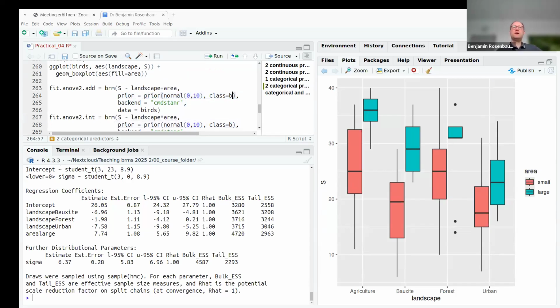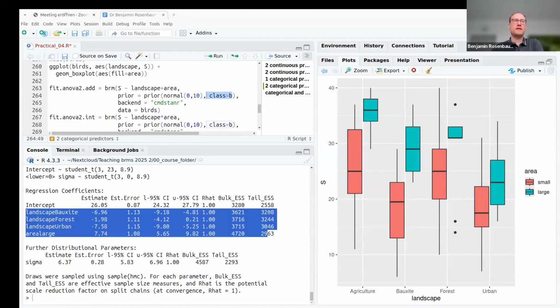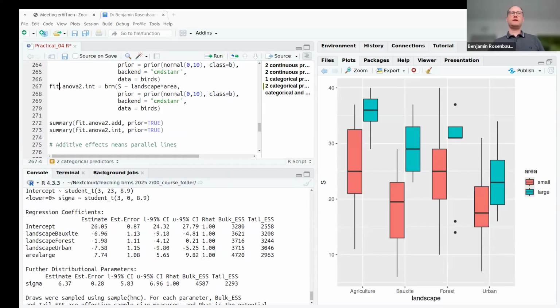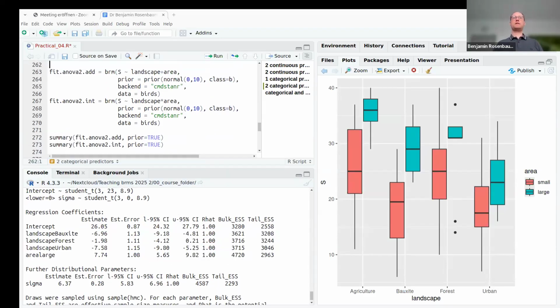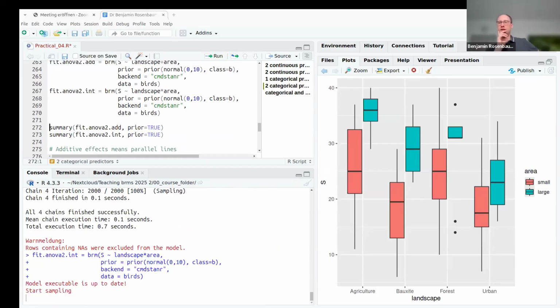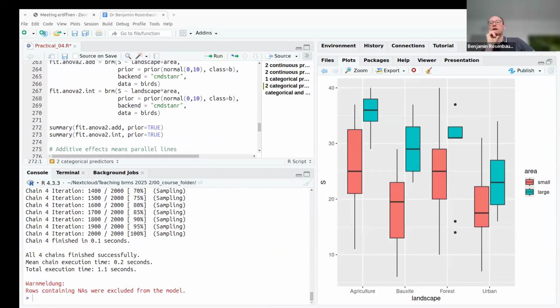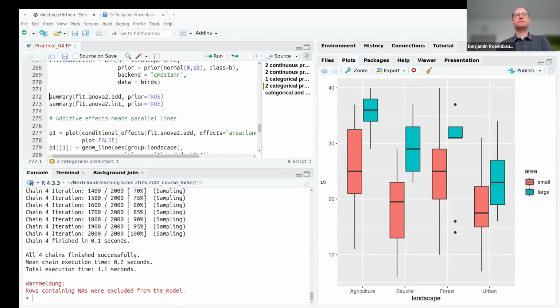I said class equal b without specifying a coefficient. This means for all of these parameters, I chose some prior for all the effect sizes. And here I could answer the question of whether there's a difference in landscape levels, or whether the area effect differs between landscape levels, I can also fit an interaction model.